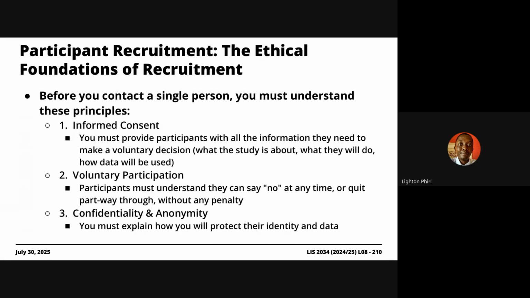So the line is a bit blurry here in terms of voluntary participation, because one would argue that somebody is not really voluntarily agreeing to be a part of this. It's like there's some sort of coercion. The things that we discussed as part of ethical consideration apply here. I want to highlight the more crucial ones.